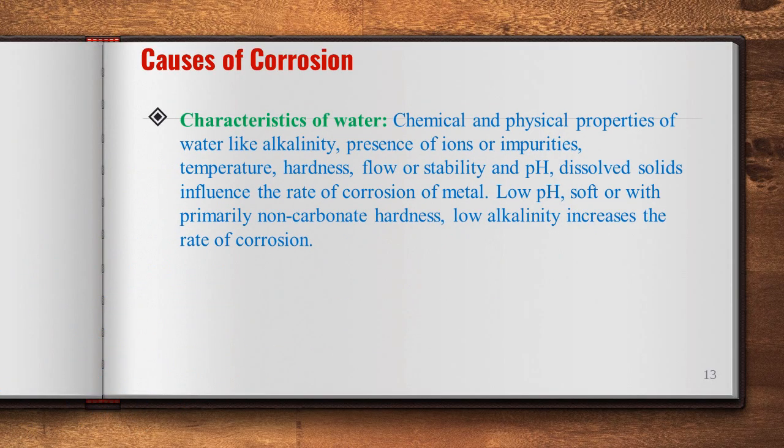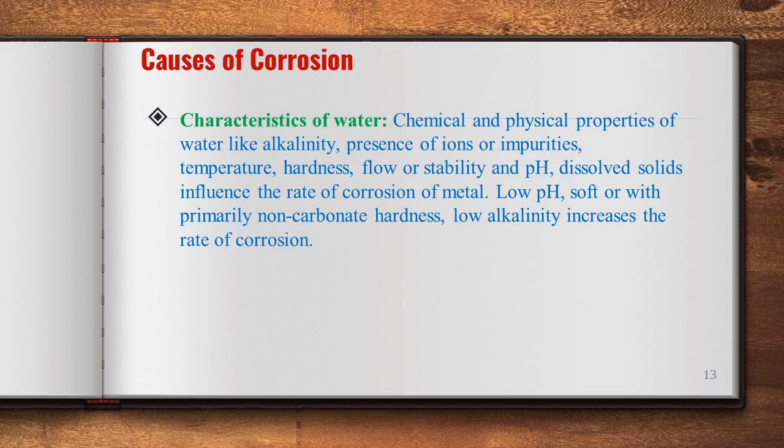Causes of corrosion: the characteristics of water, chemical and physical properties of water like alkalinity, presence of ions or impurities, temperature, hardness, flow or stability, and pH. Dissolved solids influence the rate of corrosion of metal.